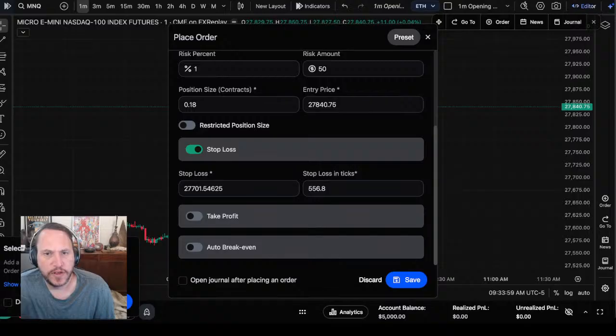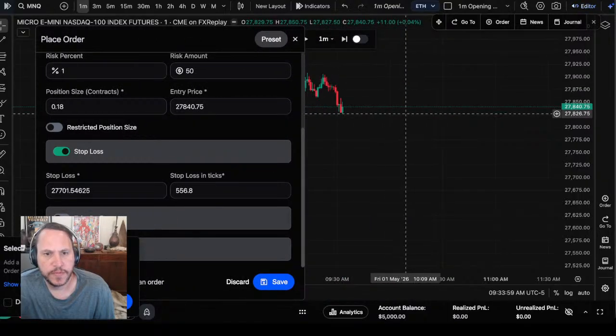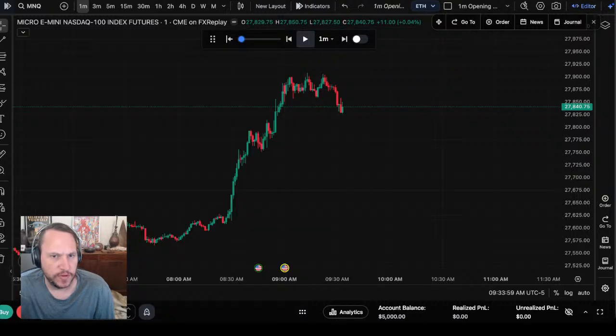This way is a little tougher. Stop loss. No, this way is just going to take too long because you have to type it in every time. If I want to, I'll go back and do it the other way.